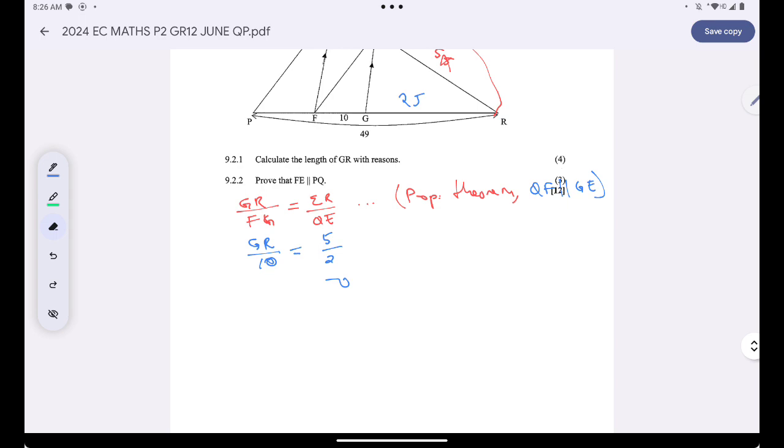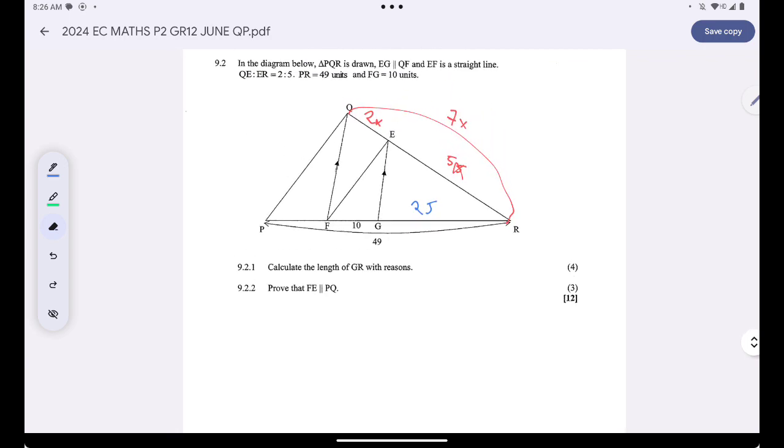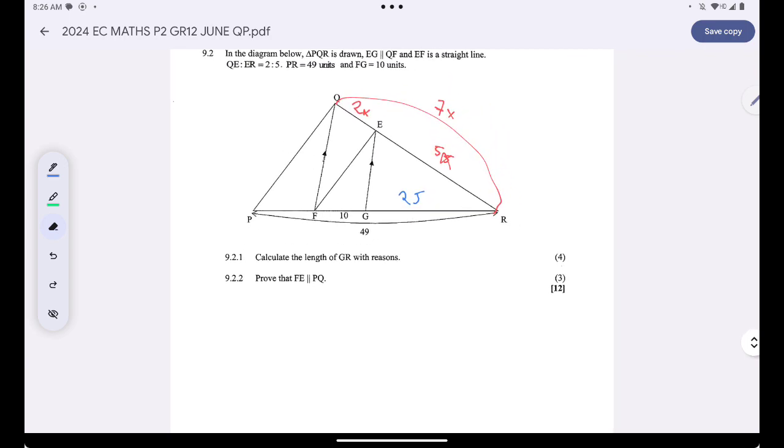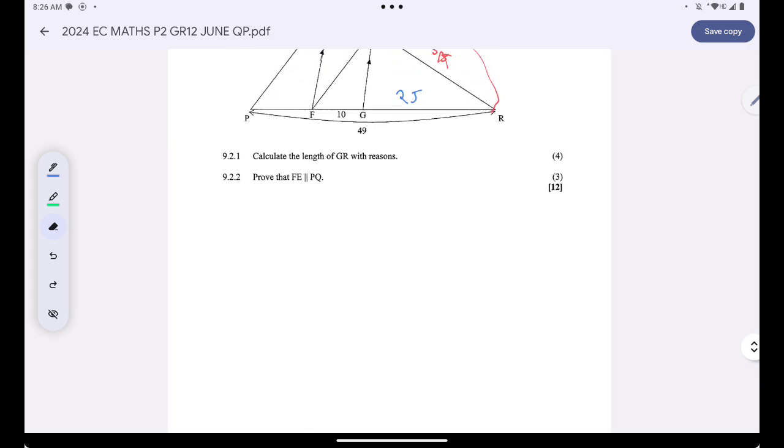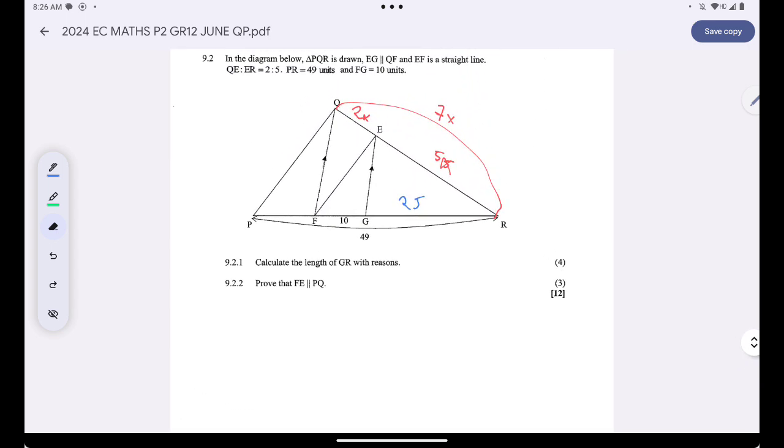Now I'm supposed to prove that FE is parallel to PQ. FE will be parallel to PQ if the ratio of PF to FR is the same as the ratio of QE to ER. How can we do that? We know that the entire length is 49, right?